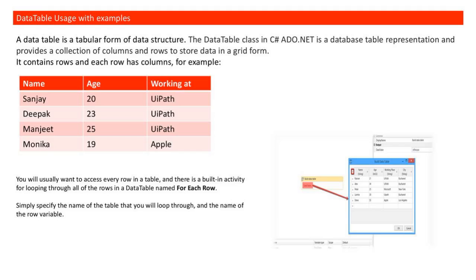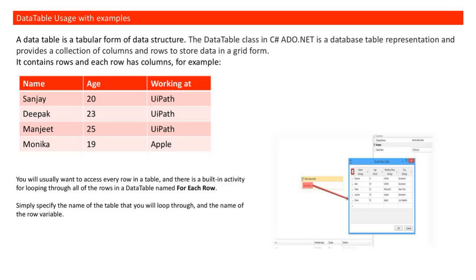Now, if you want to perform some complex calculations, or read complex data from one source and put it into a different source, you might need a data table for performing the operations. And that's the reason UiPath also provides a data table class, which can be used to store data in a row and column format instead of storing data directly into a variable.